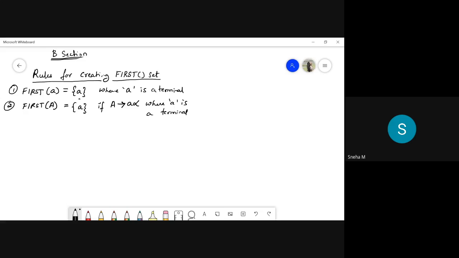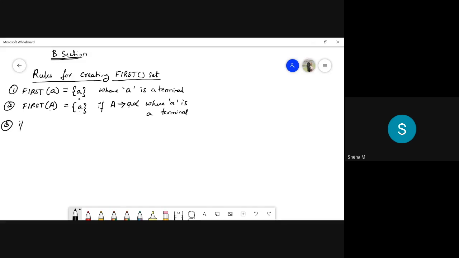Understood? Alpha is a set of terminals and non-terminals, but the leftmost symbol is a terminal. Then that terminal will be there in the first set of the non-terminal A. These two are pretty simple.